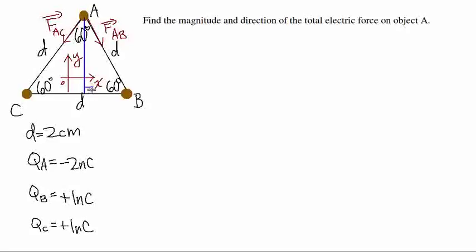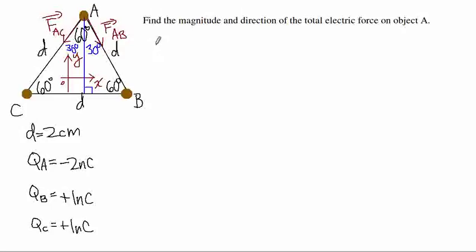So I can form right triangles, and so now the 60-degree angle with respect to object A, I've bisected it, so now I have two 30-degree angles.